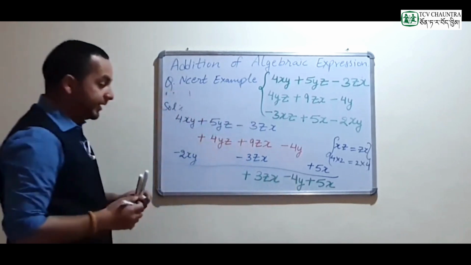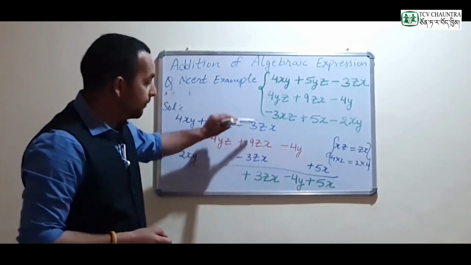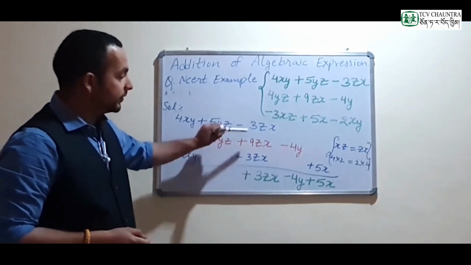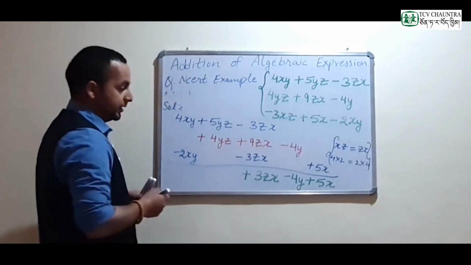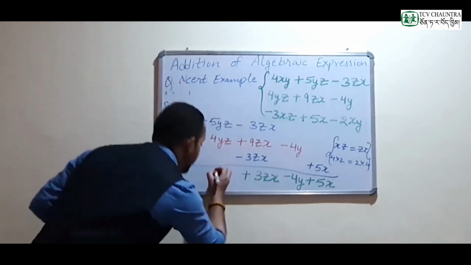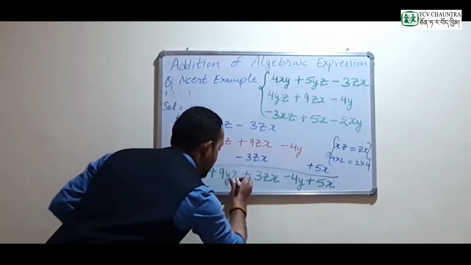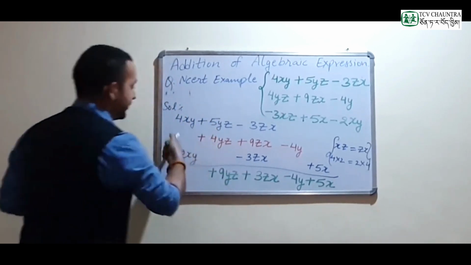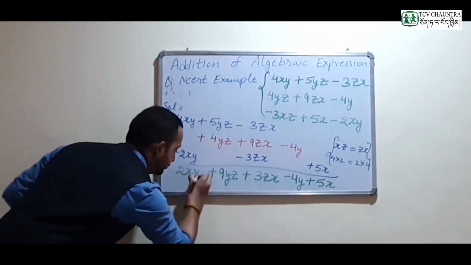Why is it positive 3zx? Because 9 is the greater number. Positive 9 minus 6 is always positive 3. And 5 plus 4 is 9, so plus 9yz. And 4xy minus 2xy is always positive 2xy.